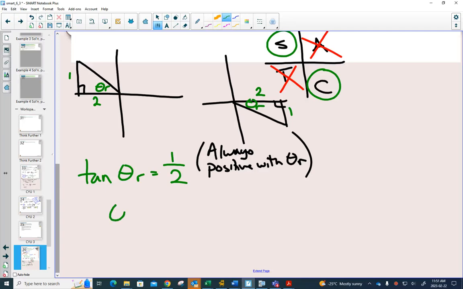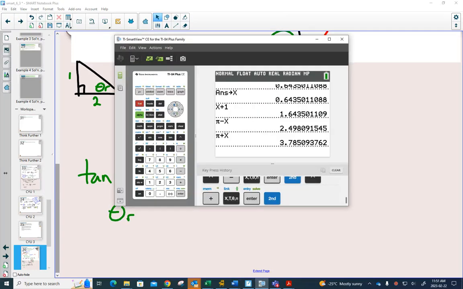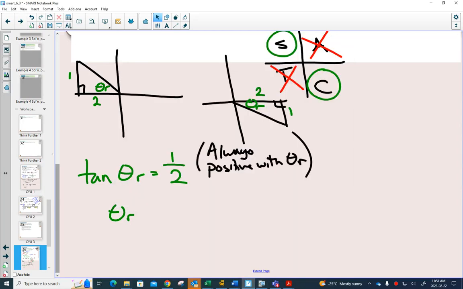My reference angle then can go to my calculator. tan inverse of 1 divided by 2, 0.4636... And you'll often see me, when I'm doing my work, putting dot, dot, dot, which means I'm not rounding early.